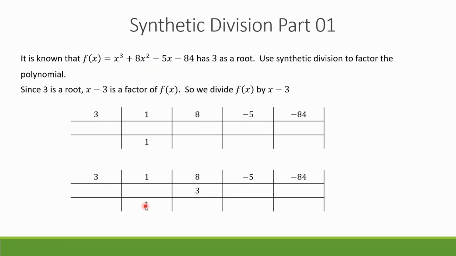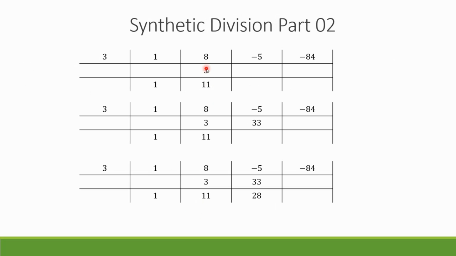Next, you add 8 plus 3, that's 11. That goes here. Then we repeat the process. Namely, 3 times 11 is 33, and that's going to go here, as you can see.